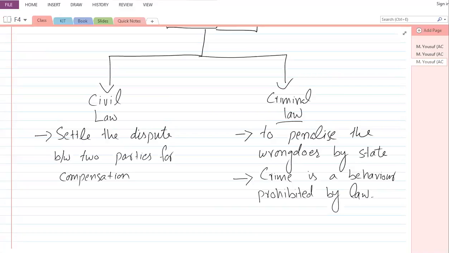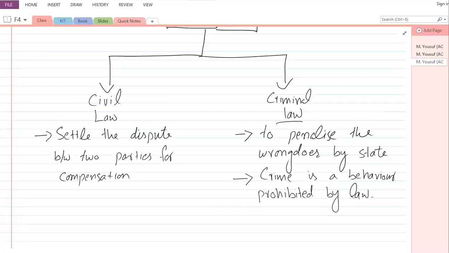For example, misrepresentation is a crime, robbery is a crime, theft is a crime. These are behaviors that are not expected by any individual in the society because they will create a restless situation among the community. Due to these sorts of behaviors, disputes among persons will arise and social control will be disturbed. So these behaviors are not acceptable in the society. That is why they are called crime.